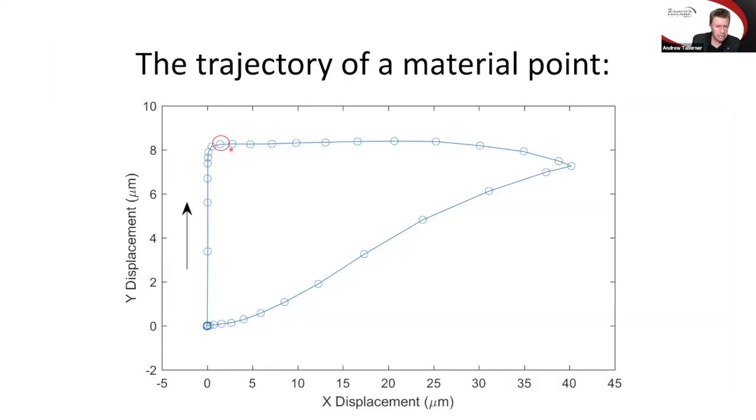You can see in the case of this point, initially it fired off to the right until the peak of contraction, at which point it started to move back to the left, but also downwards. This is a really interesting technique for tracing out the motion of individual points within a sample and interpreting that information with the use of modeling techniques.